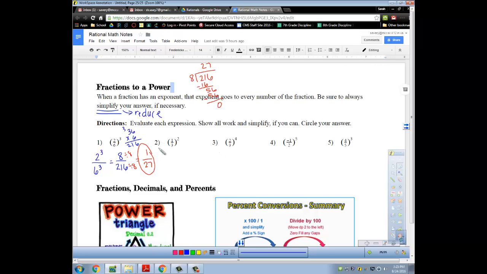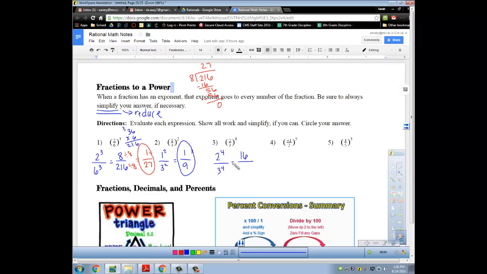Okay, for number 2, we have 1/3 squared, so I have 1 squared over 3 squared. 1 squared means 1 times 1, which is 1. 3 squared means 3 times 3, which is 9, and that cannot be reduced. Number 3, 2/3 raised to the 4th power, so we have 2 to the 4th power over 3 to the 4th power. 2 to the 4th power means 2 times 2, which is 4, times 2, which is 8, times 2, which is 16.